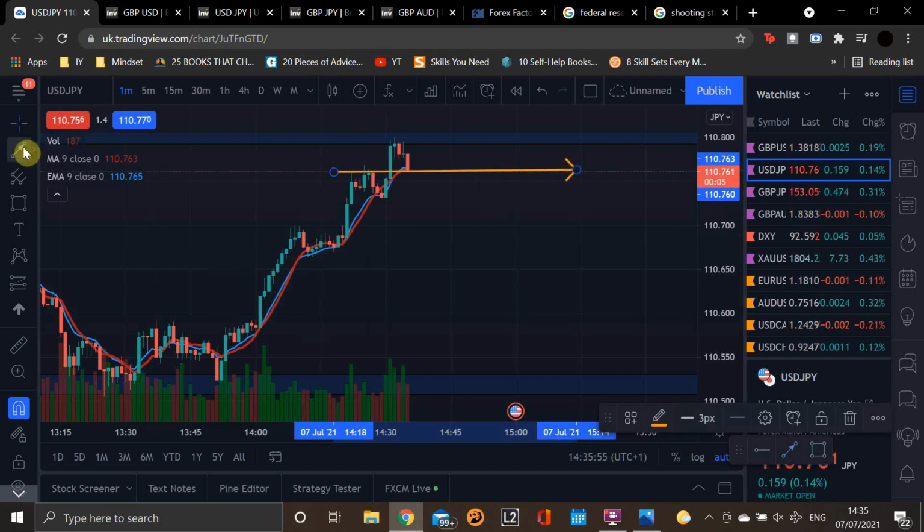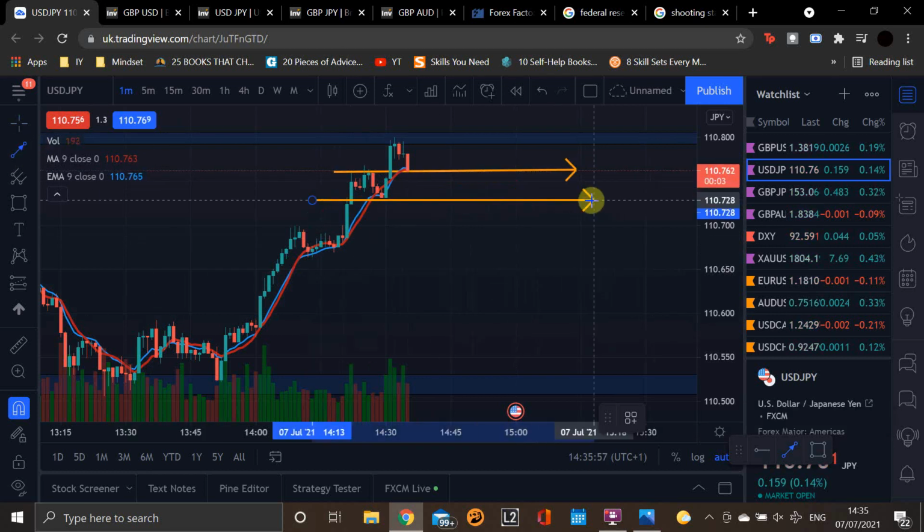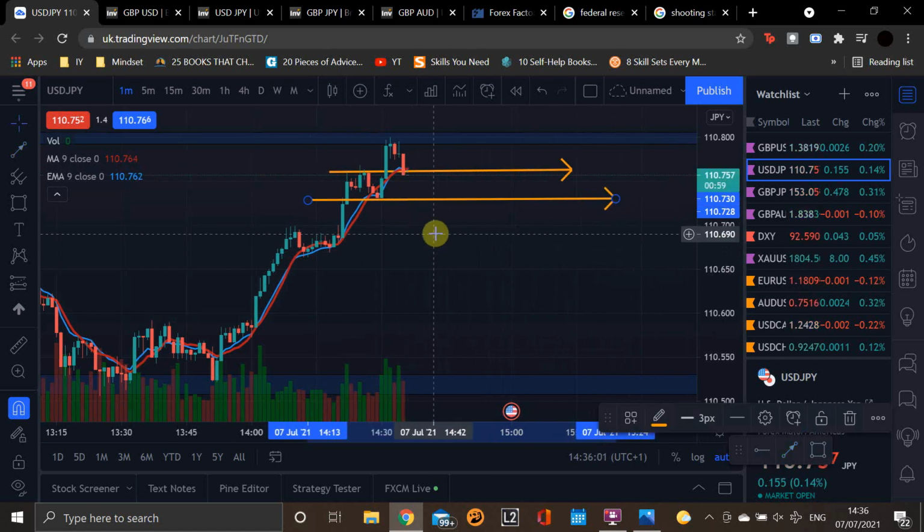See what it does there, and see what it does here as well. Just breaking past that point.